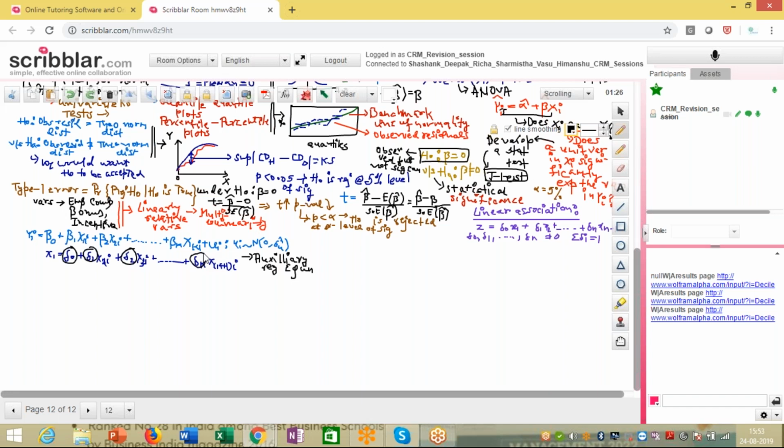Hence x1 should not be incorporated in the model. So the auxiliary regression equation gives us an idea of the multicollinearity of a variable with other explanatory variables. Clear?